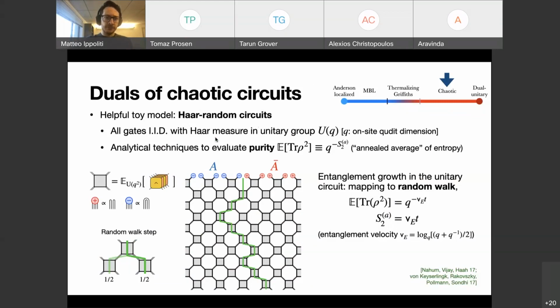So there have been developments a few years ago on analytically evaluating the entanglement growth in these circuits. And in particular, what one can do is perform the exact average of this purity quantity, so this trace of rho squared, which is related to the annealed average of the second Rényi entropy.